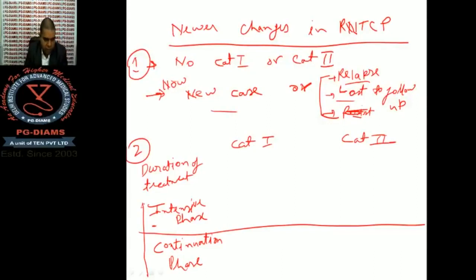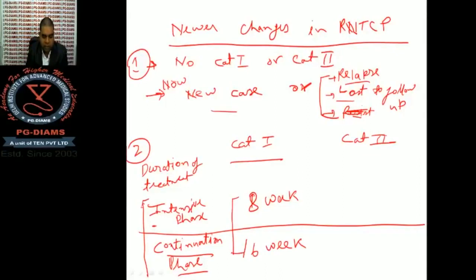So what is the duration of the intensive phase under category 1? It is 8 weeks. And the continuation phase is 16 weeks. So total 8 plus 16 will be 24 weeks.